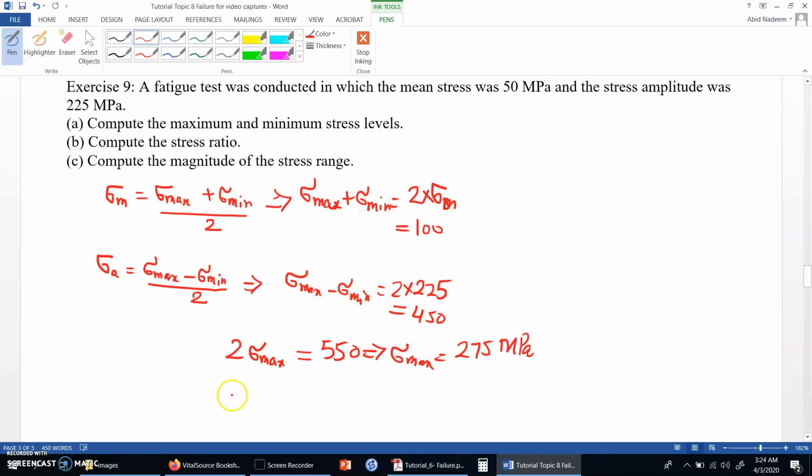So which will give the value of sigma min. Sigma min will be then, from here, sigma max is 275 plus sigma min is equal to 100.